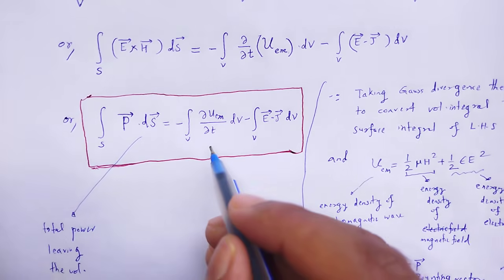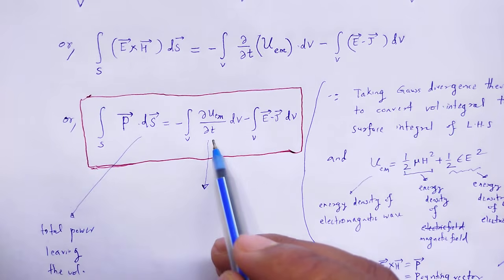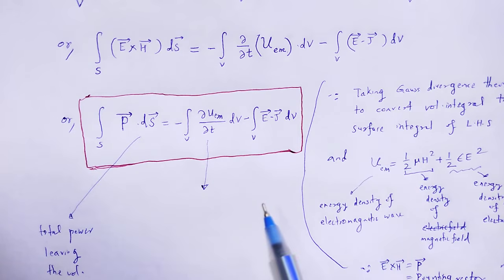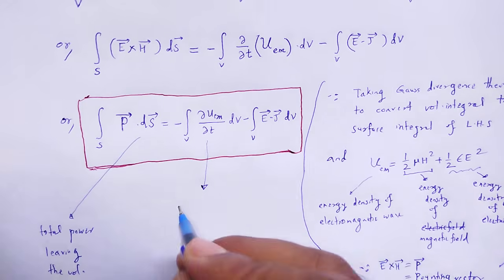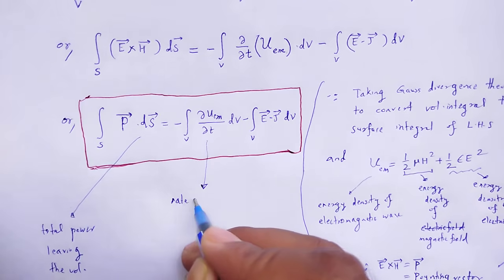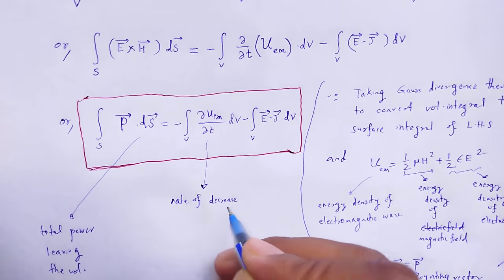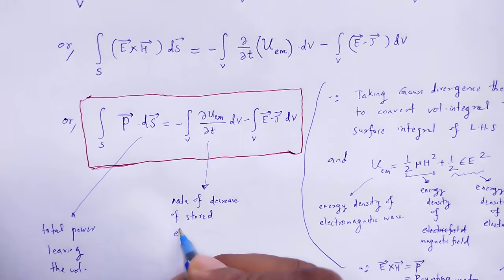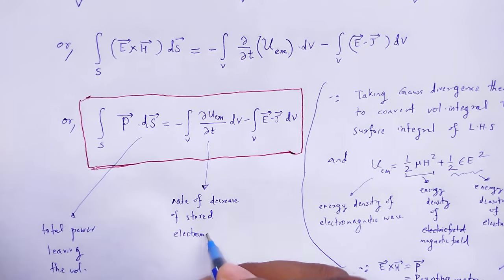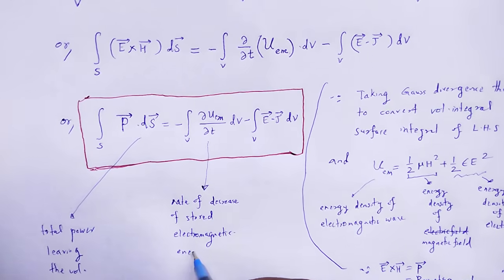And that term del UEM by del T over that of volume dV is the rate of decrease of stored electromagnetic energy.